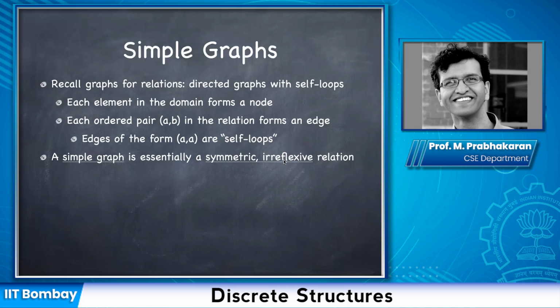If there is an edge between A and B, there is an edge between B and A because the edge is just the unordered pair or the set AB. And similarly, it's irreflexive. All the edges require two distinct endpoints or two distinct nodes that they connect. So it would be an irreflexive relation.